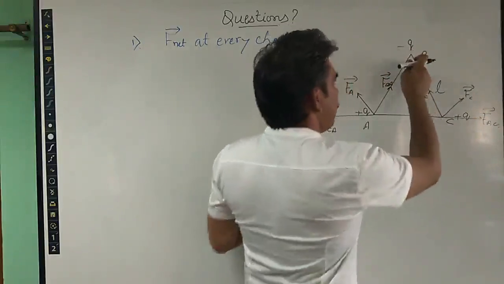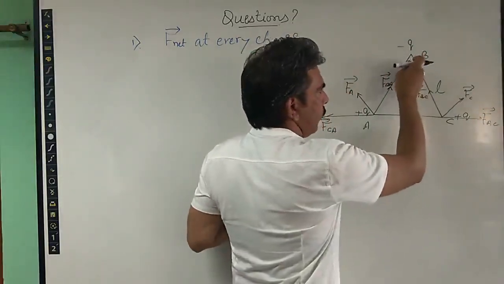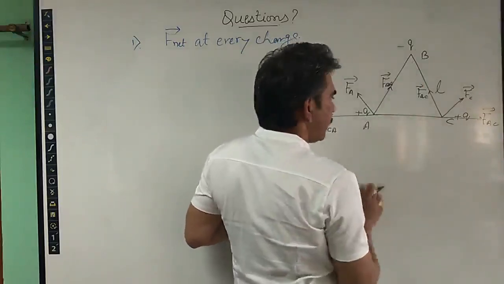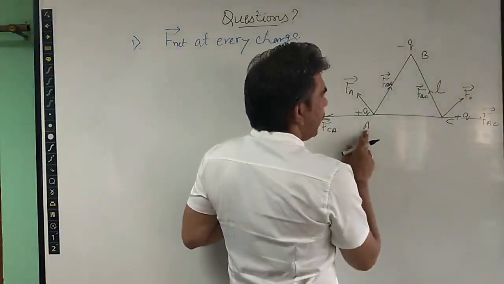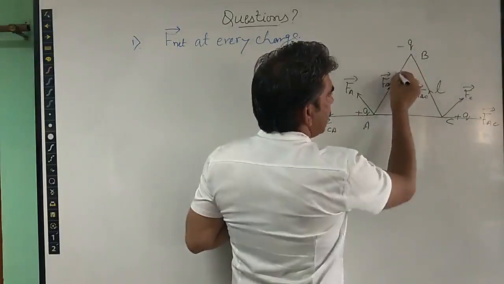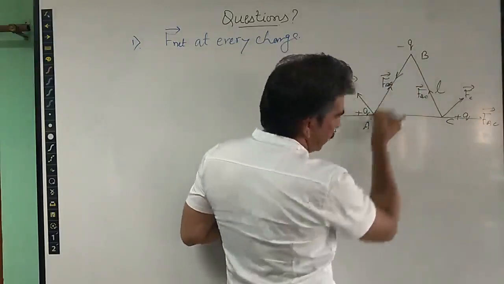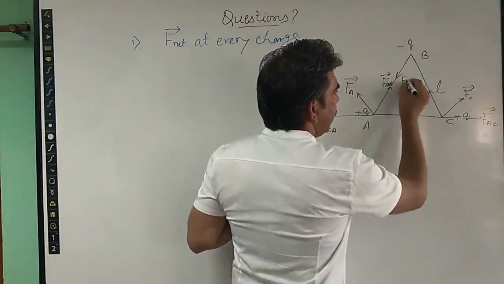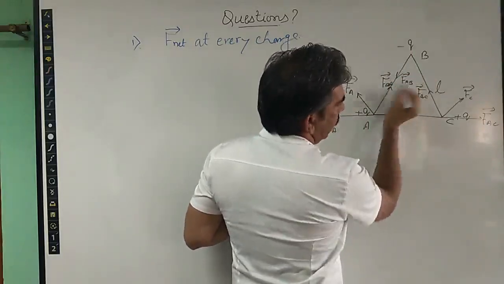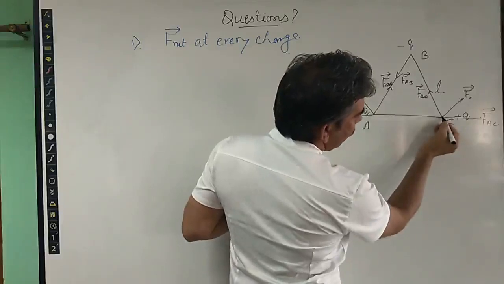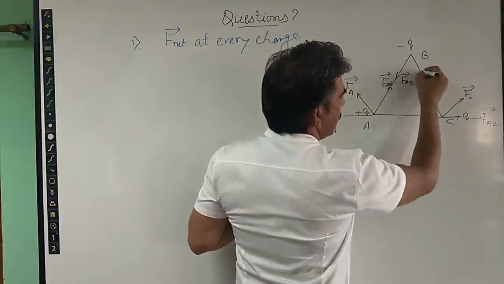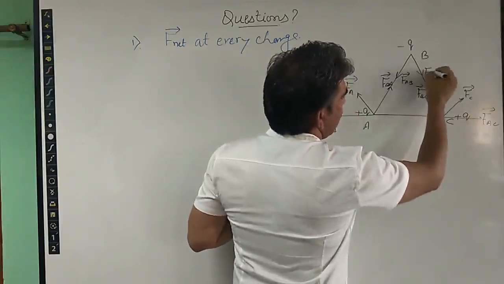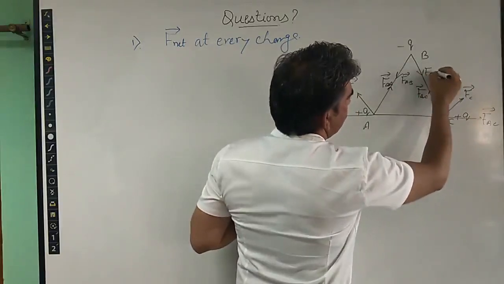Similarly, whenever we want to calculate the force at point B, these two charges are to be considered. The force due to the charge placed at A will be positive, and this is negative. It will exert an attractive force, meaning it will be directed towards A. So this force is FAB, the force exerted by charge A on B. Similarly, the force exerted by the charge at C is also attractive, directed towards C. So this is FCB.